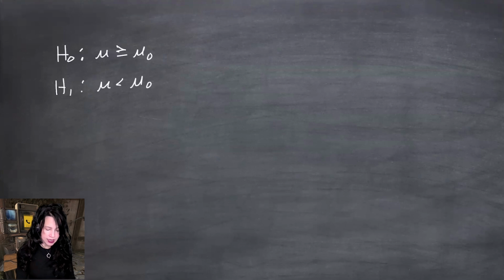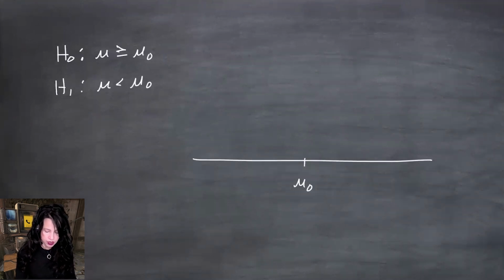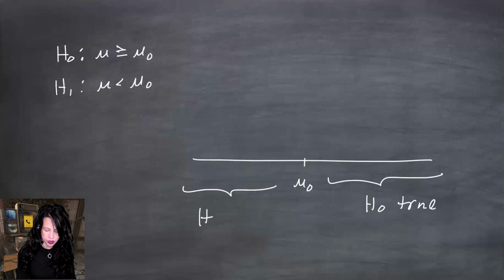Also, if the hypotheses are inequalities going the other way, so greater than or equal to versus less than, then now if you put down a mu naught, this is the region where the null hypothesis is true, and this is the region where the null hypothesis is false.